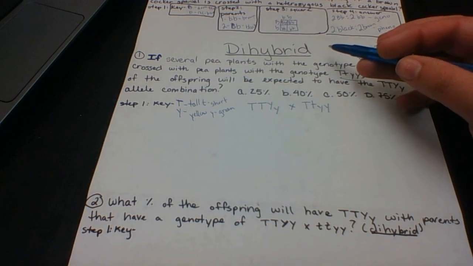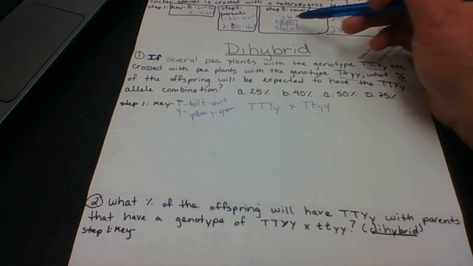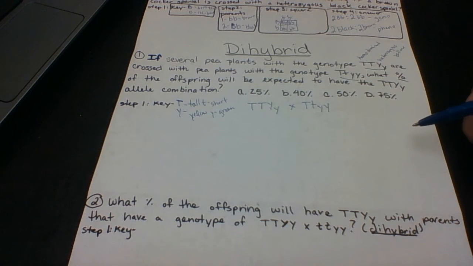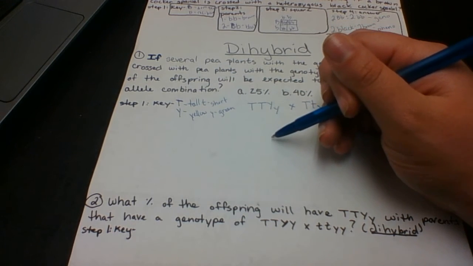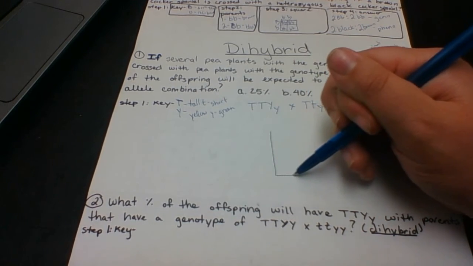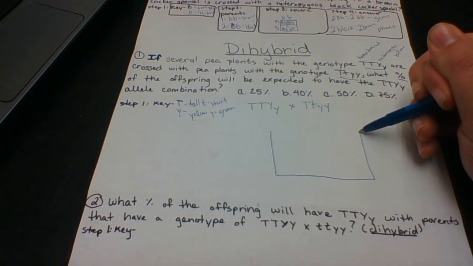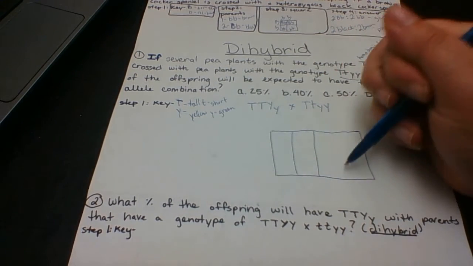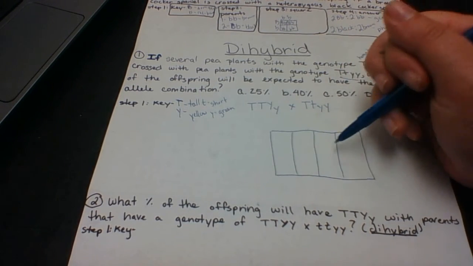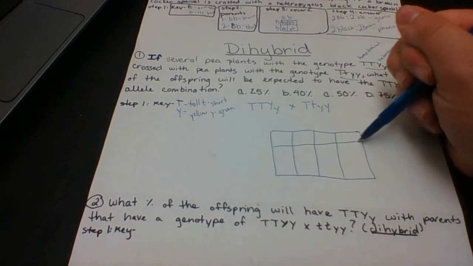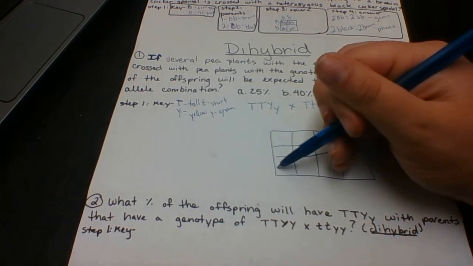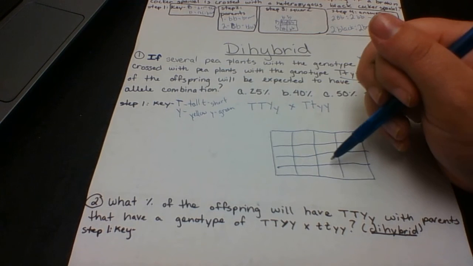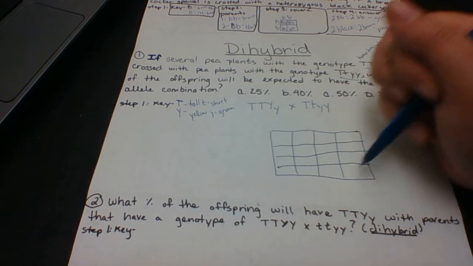So here it's a dihybrid, so instead of 4 squares, we're going to make 16 squares. So you've got to make a rectangle, 4 times 4. 1, 2, 3, 4. 1, 2, 3, 4. Okay?